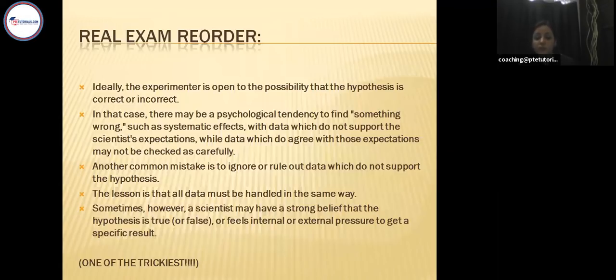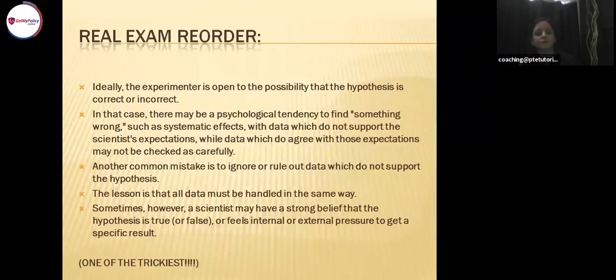Because when we do some experiments in the lab, this kind of possibility is there. And in the same way, sometimes, however, a scientist may have a strong belief that the hypothesis is true or false, or feels internal or external pressure to get a specific result.